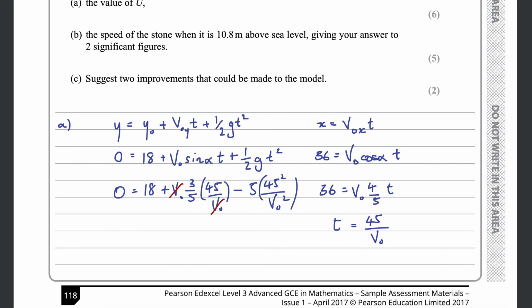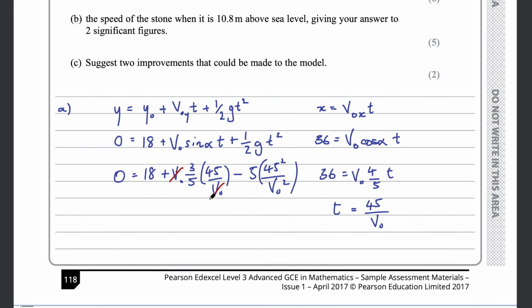So we can cancel those out and we can simplify it a little bit. So we'll have 0 equal to 18 plus 45 divided by 5 multiplied by 3, that's 9 times 3, that's 27. Subtract 5 times 45 squared. Let's just leave that as is for now.